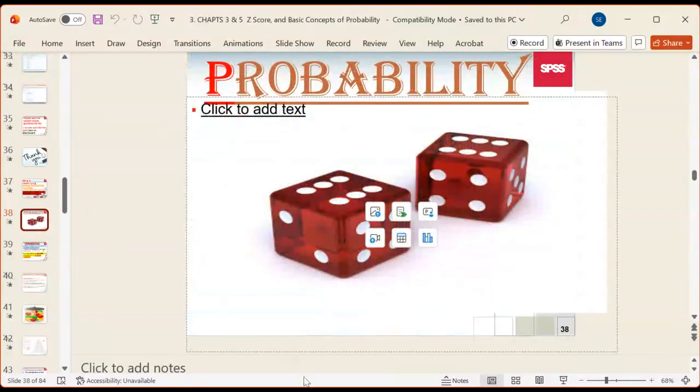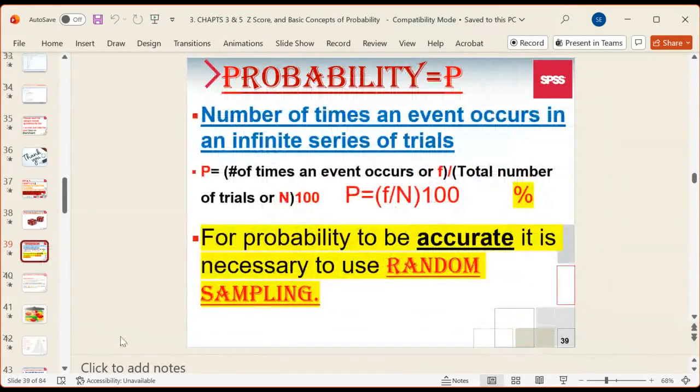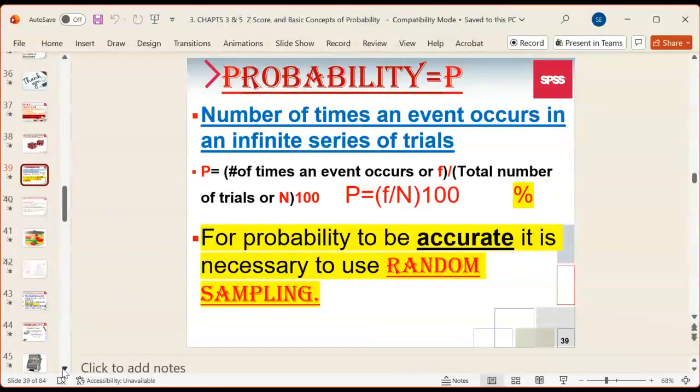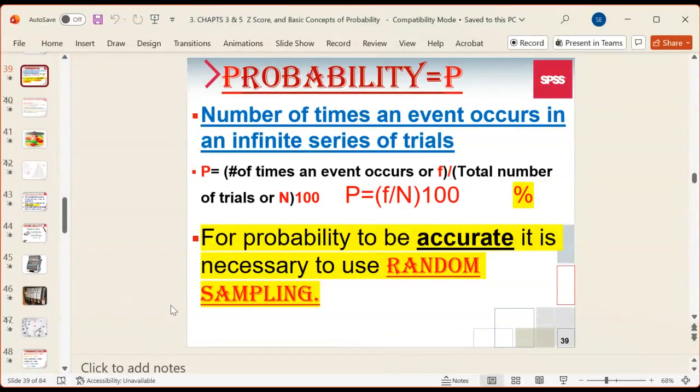Okay, so probability. What is probability? The number of times an event occurs in an infinite series of trials. We already mentioned that last time. And the formula for probability is F over N times 100.